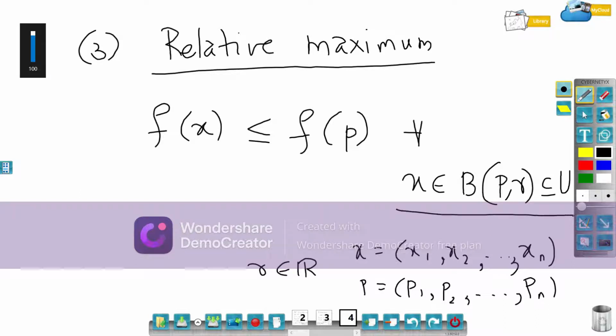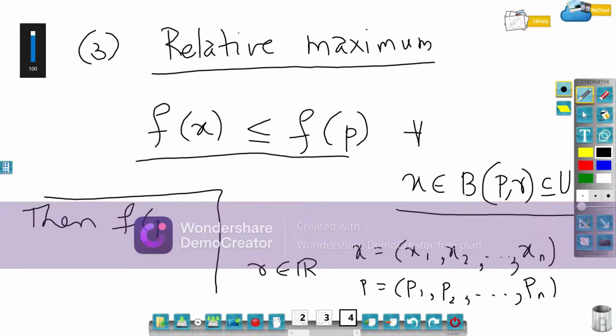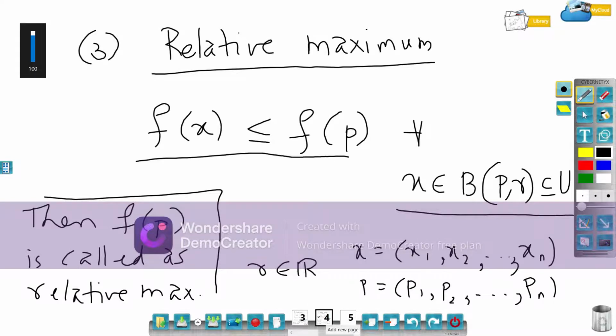So if you draw a ball around p with radius r, then f of x must be less than or equal to f of p for every x in that ball around p. Then f of p is called a relative maxima. This was the third definition.